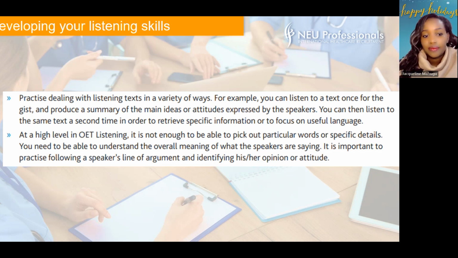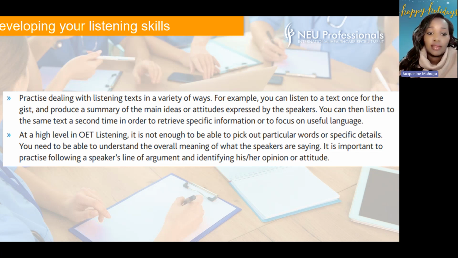At a high level in OET listening, it is not enough to be able to pick out particular words or specific details. You're not being tested at a B2 or B1 level. You are being tested at a C1 level, which is a high level of listening. So it's not enough to just hear and pick out the word house, for example.